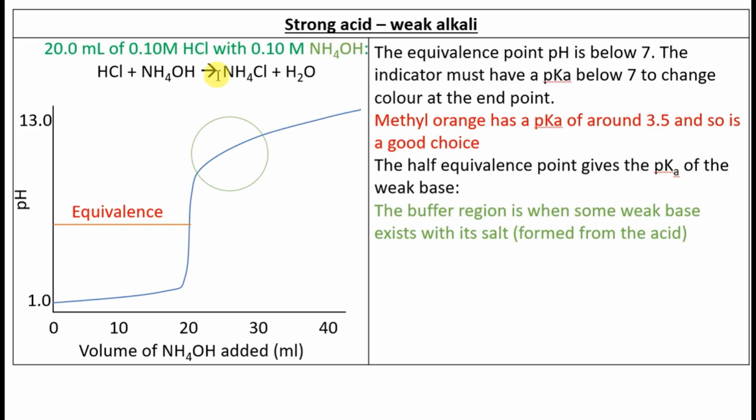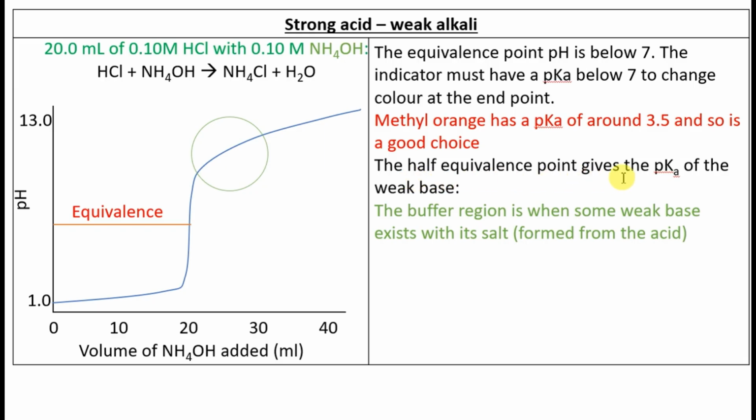NH4OH having a pH of around 9. Equivalence point halfway, around about 5. Now, methyl orange has a pKa around 3.5, so is a good choice of indicator.